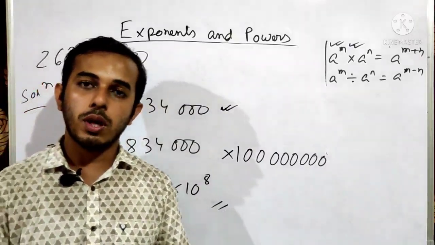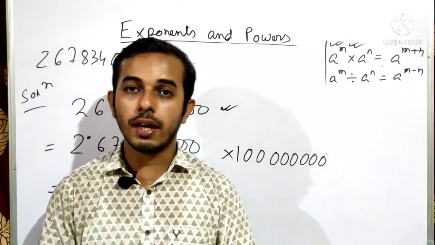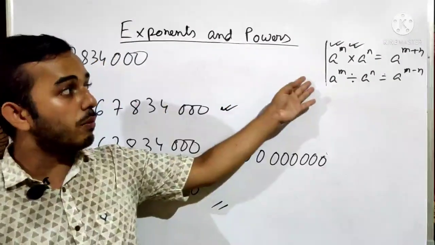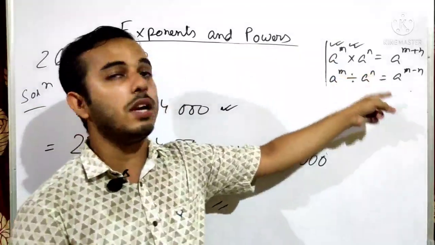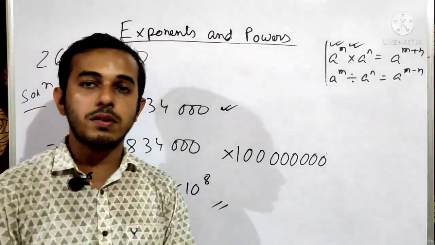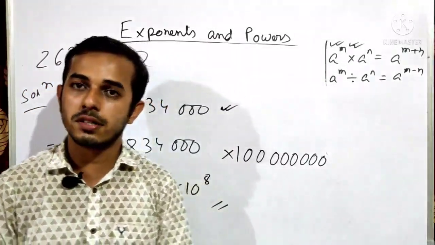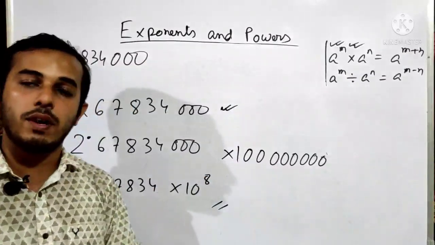Then we have simplified some questions, then we have evaluated some questions, then we have discussed some formulas, like this, you have to remember this relation. Now what was the reciprocal of this number, we also discussed this. Now again at last we have discussed what is the standard form of a number.